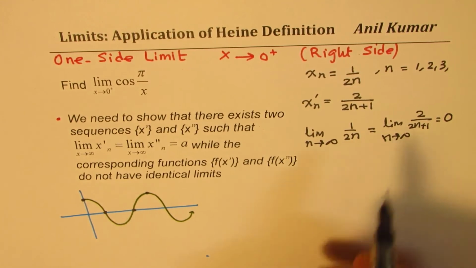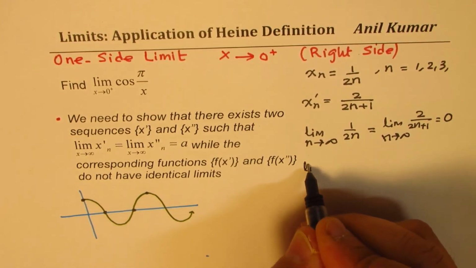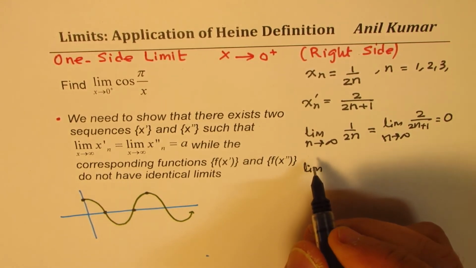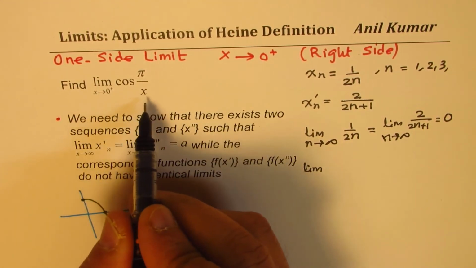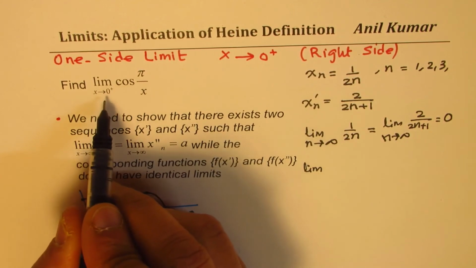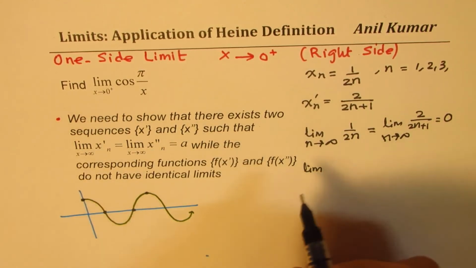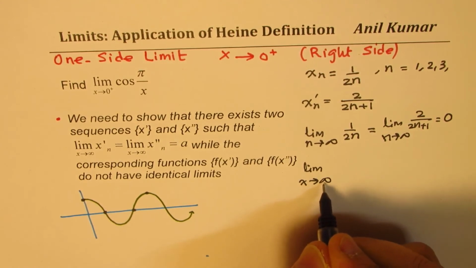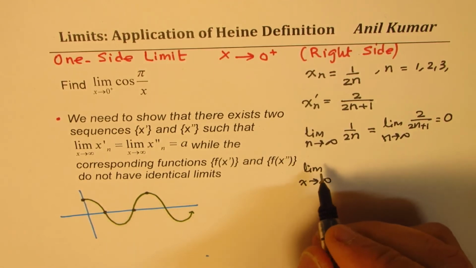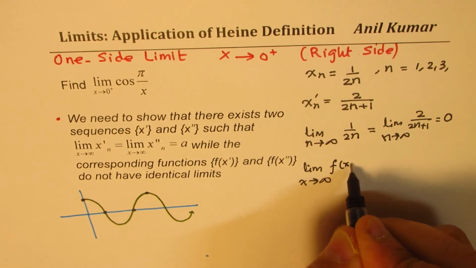Now what we need to figure out is the limit of our function. Since x is approaching 0 from the positive side, the reciprocal approaches positive infinity, right? So limit as n approaches infinity of f of x_n.